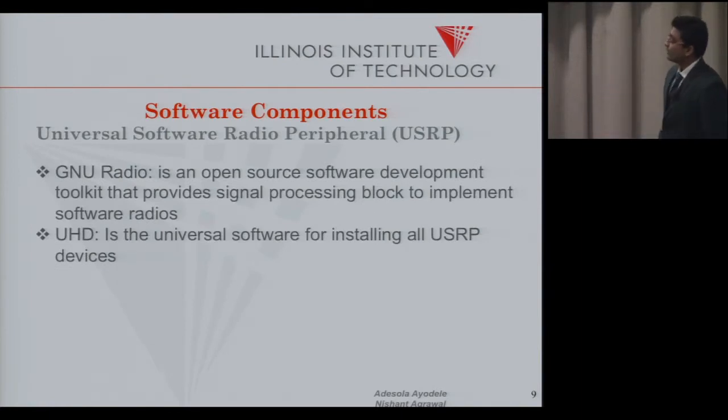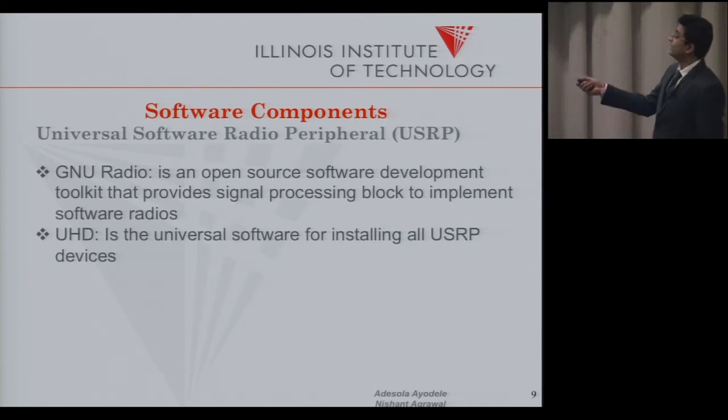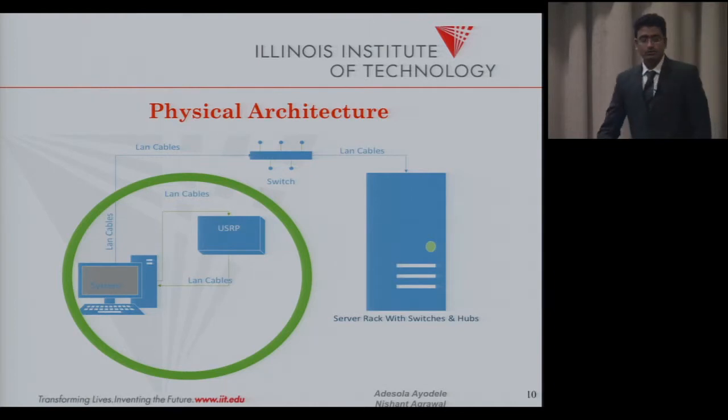The 2 important software which I was talking about to run the USRP are GNU Radio and the UHD. The GNU Radio acts as a software toolkit which works for the USRP, and UHD is the hardware driver for the USRP. I'll hand over from here to my fellow mate Adesola.